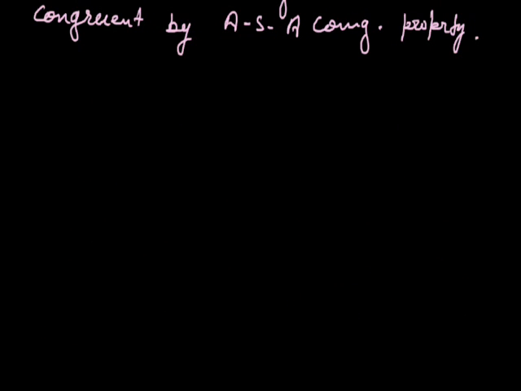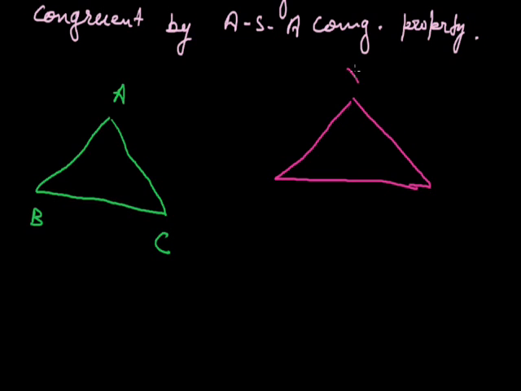For example, if we are having two triangles ABC and another triangle XYZ, and angle B is equal to 30 degrees and angle C is equal to 40 degrees in triangle ABC, and in triangle XYZ angle Y is 30 degrees and angle Z is 40 degrees.